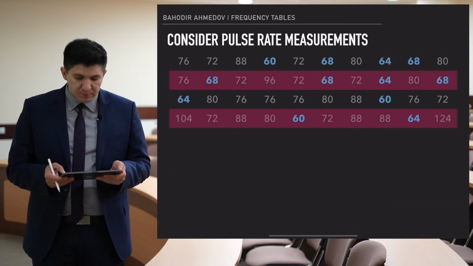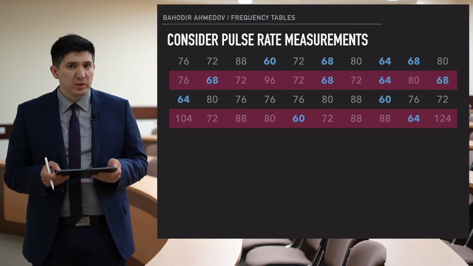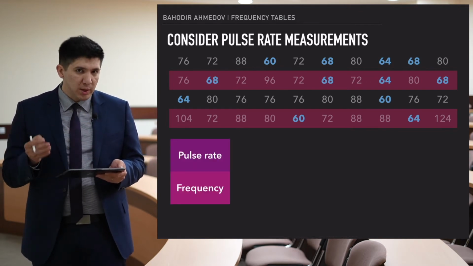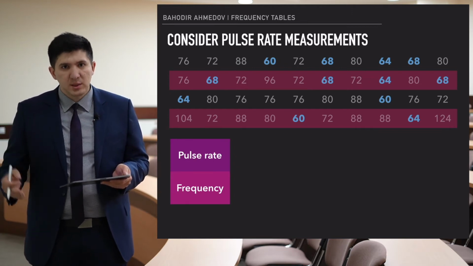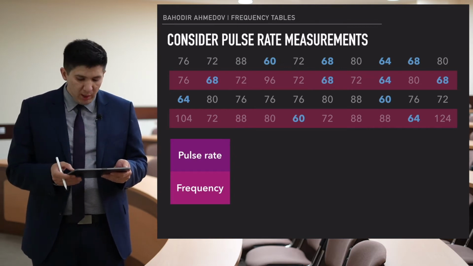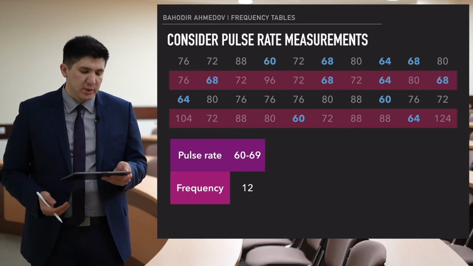For example, I can take these 40 measurements of the pulse rates of females and categorize them by ranges between 60 and 69, 70 and 79, 80 and 89, and so on. Then I count the number of items which fall into each category.